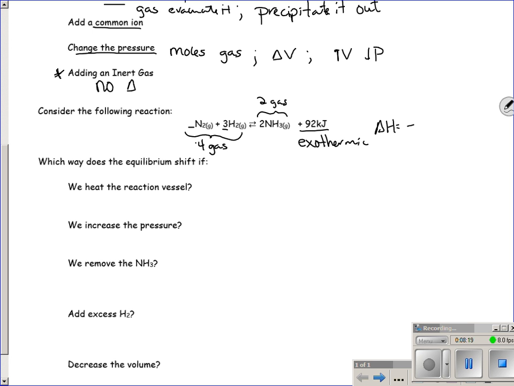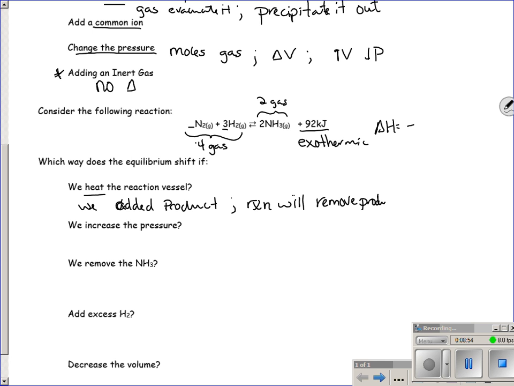So in this reaction here for the production of ammonia, which way does the equilibrium shift if we heat the reaction vessel? We can see that heat is a product here. It's an exothermic reaction. So what we did, we added a product. The reaction will do the opposite. The reaction will remove the product.